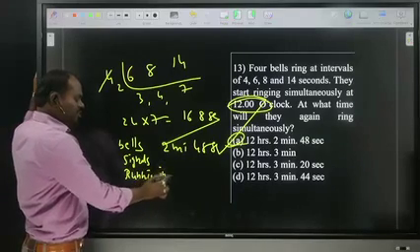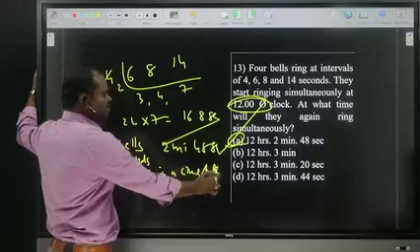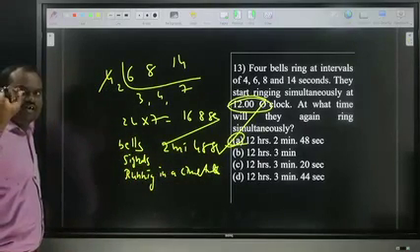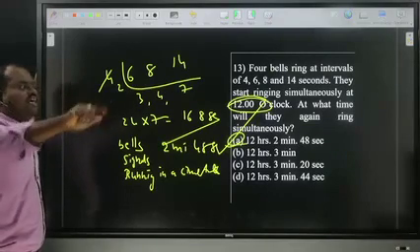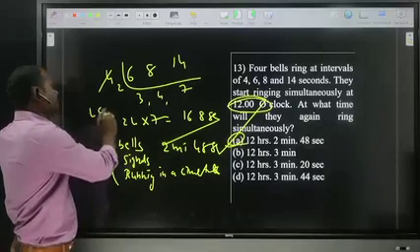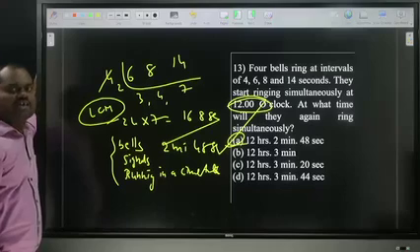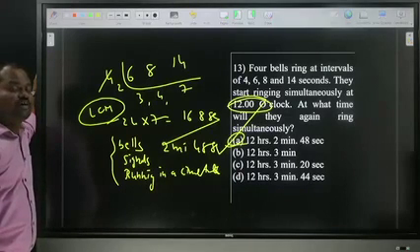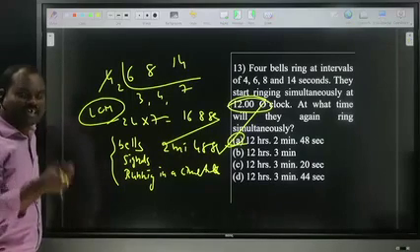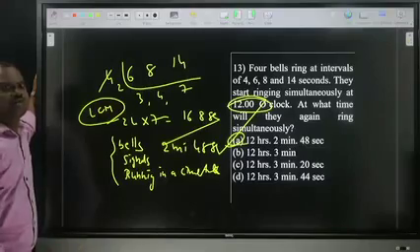Bells ringing, traffic signals changing, persons running in a circular track: in all these cases we should find the LCM of the timings.